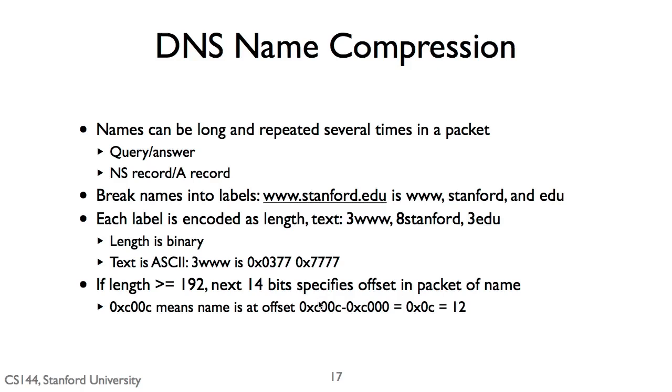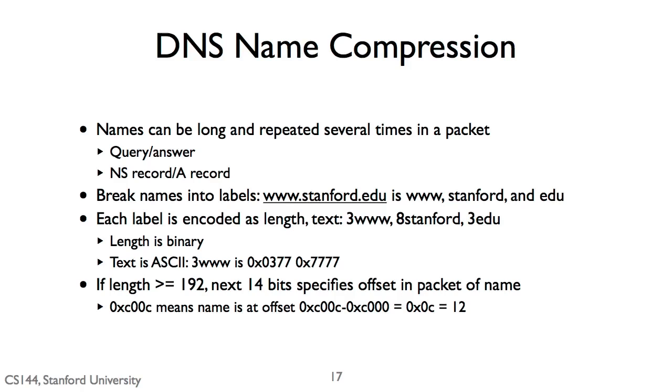Now one trick that name compression uses, in order to take advantage of the fact that names can be long and repeated several times in a packet, is this: if the length field in the label is greater than 192, that is, some of the higher order bits are set, then the next 14 bits specify an offset in the packet.